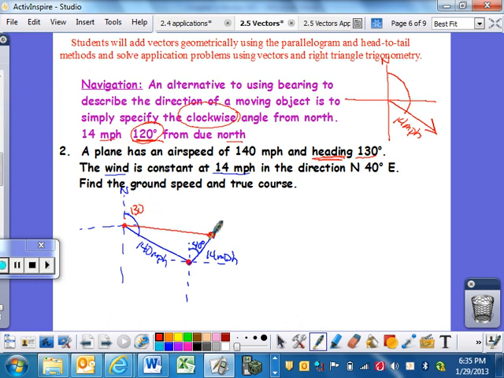Now this red line is not necessarily going to be straight east. I can't assume that. The one thing I can assume though is from north to due south is 180. Okay, so if I know that's 180, this is where it gets kind of tricky. I know this angle in here has to be 50 degrees, because 130, my original heading, plus the 50 has to get me straight up and down.